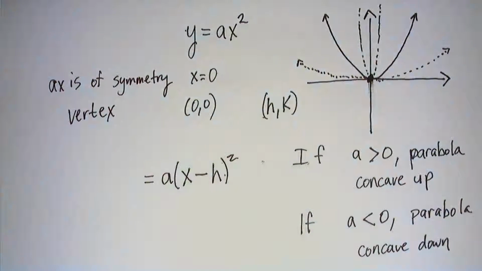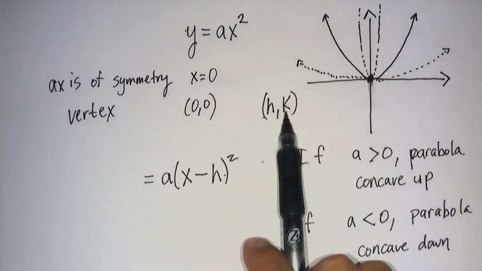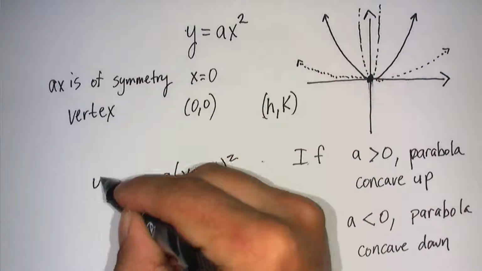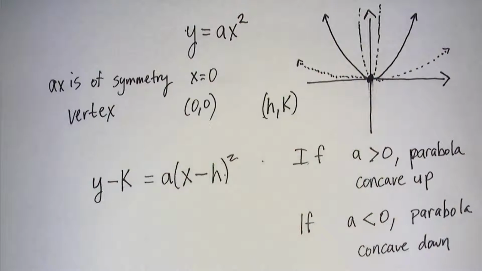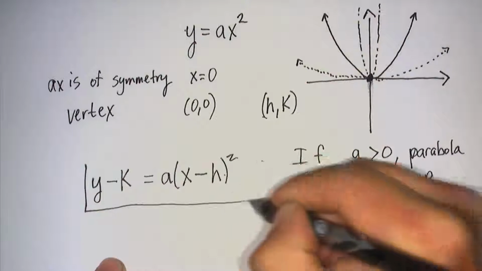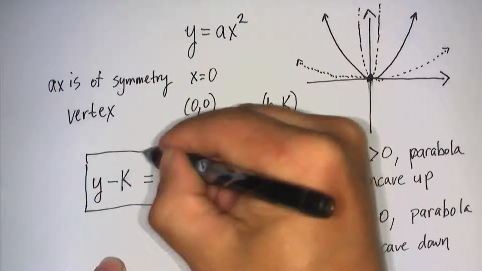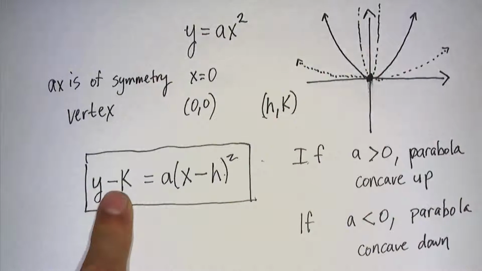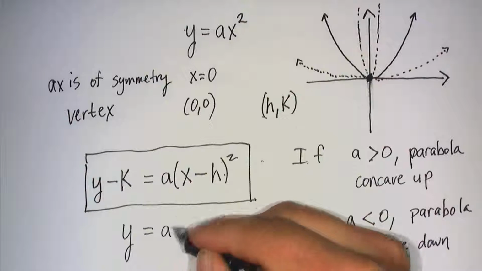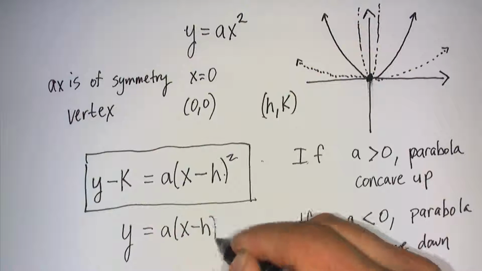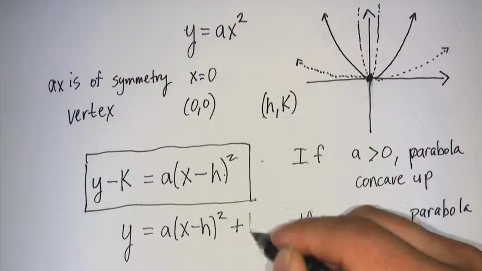And let's say I want to move it up or down, then I want to replace y with y minus k. So this is the standard format of the graph. And if you add k to both sides and solve for y, you can also see it in this format: y equals a times x minus h squared plus k.